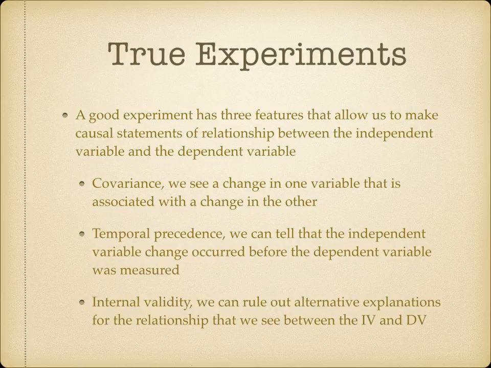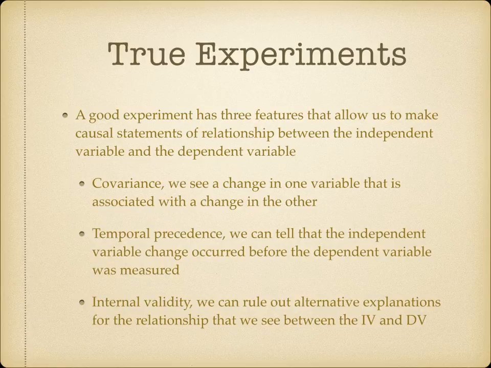And internal validity, we can rule out alternative explanations for the relationship that we see between the independent variable and the dependent variable. That's really where a great deal of the energy is spent, in trying to develop procedures to get a handle on internal validity.